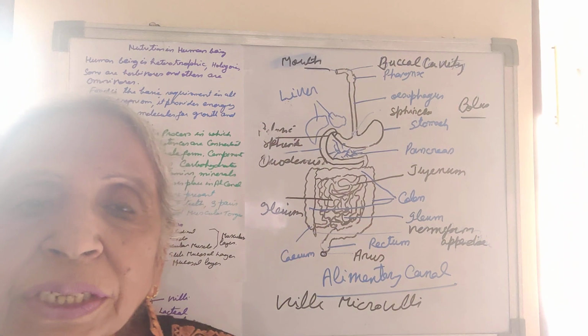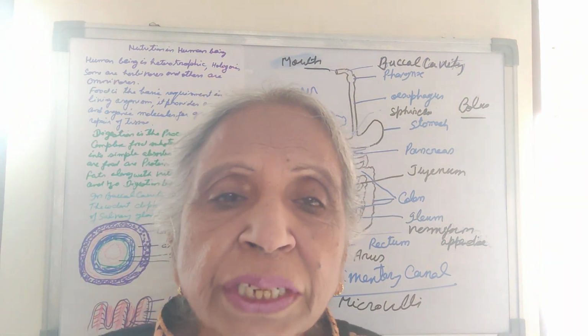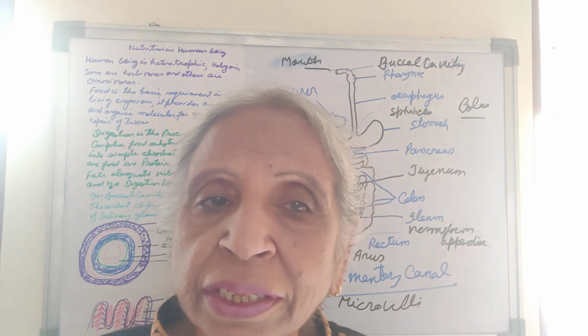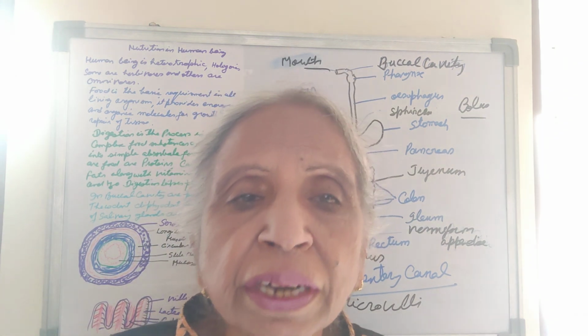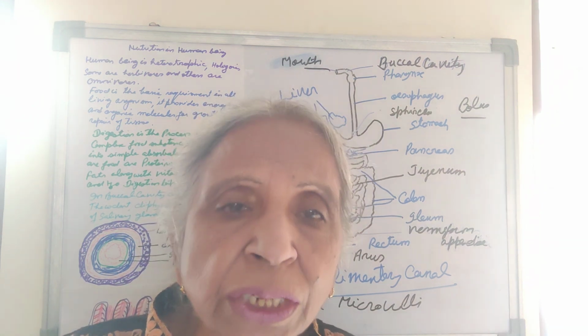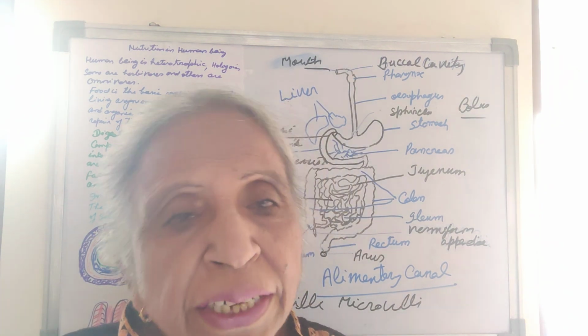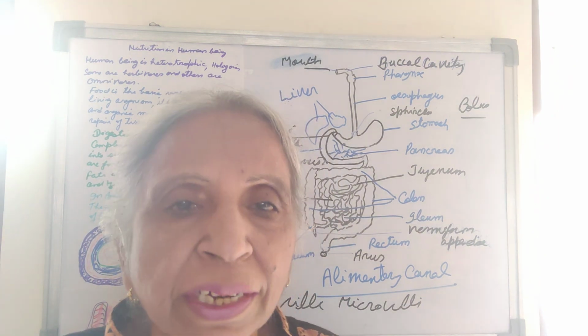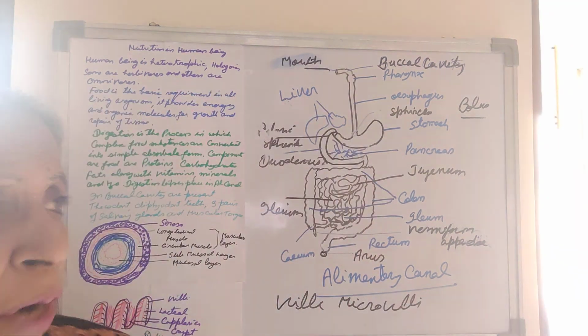Digestion in human beings occurs in a long tube-like structure called the alimentary canal. Its anterior opening is the mouth, and it ends with a posterior opening called the anus.